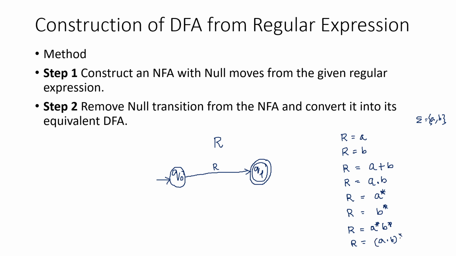It is also possible, because if A is a regular expression and B is a regular expression, I can have another regular expression A dot B. If A dot B is a regular expression, then I can create a regular expression by putting a star over there. A similar situation can be something like R can be A plus B whole star, right? So any combination is possible.